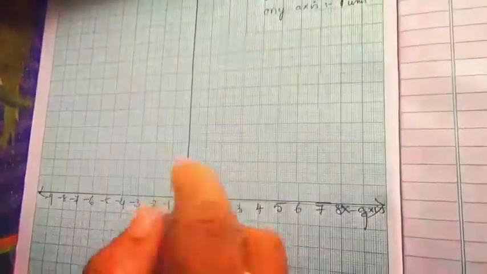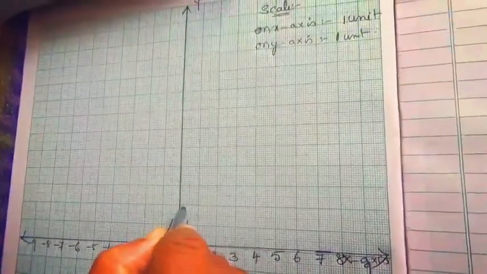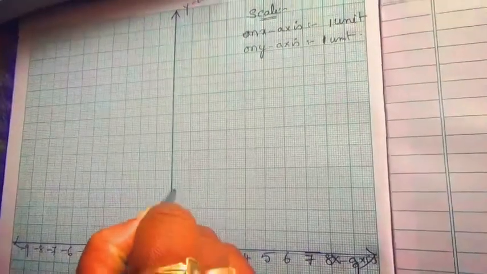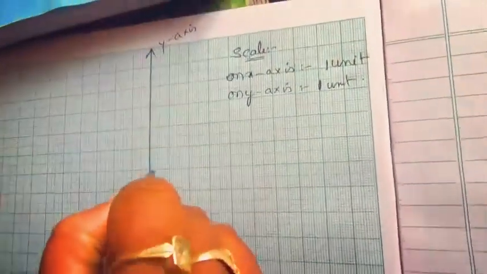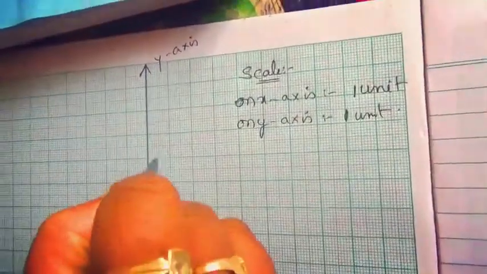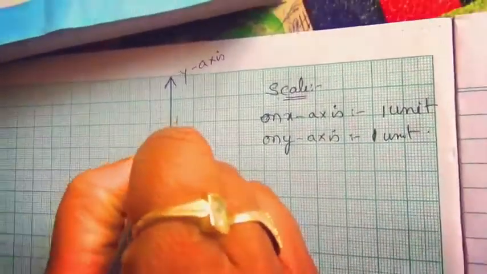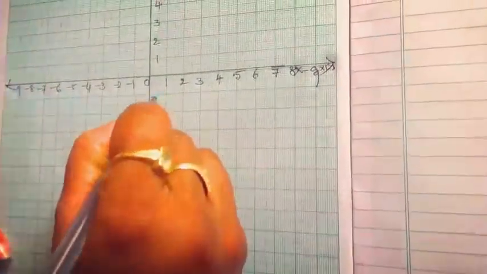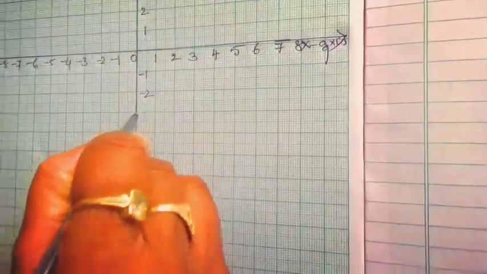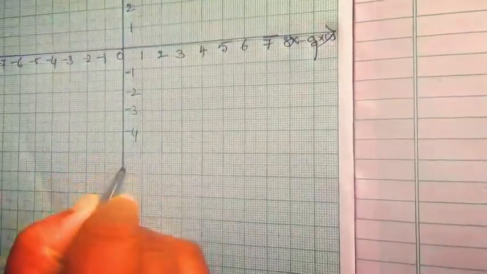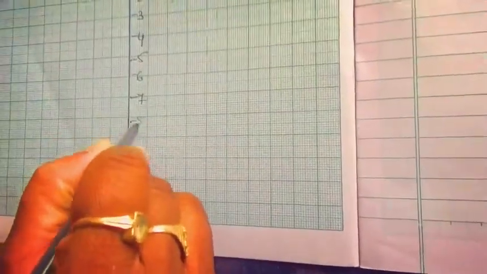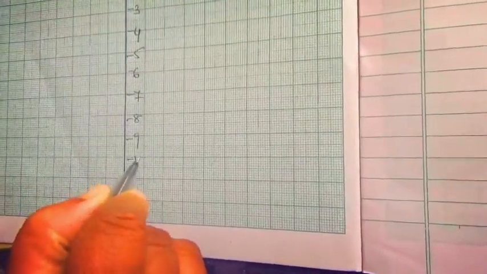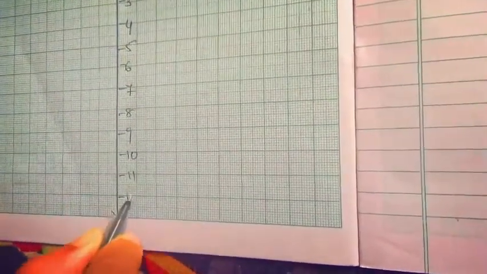Upwards in the vertical line are positive integers: 1, 2, 3, 4, 5, 6, 7, 8, 9, 10, 11, 12. Downwards: -1, -2, -3, -4, -5, -6, -7, -8, -9, -10, -11, -12.